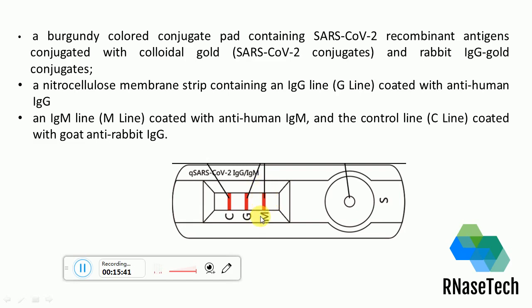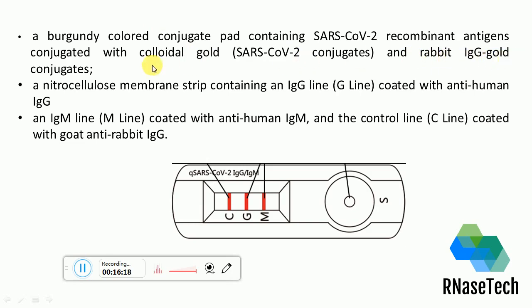Once they bind, they give a burgundy type of color. Before going into this binding process, this portion contains a nitrocellulose membrane containing an IgG line coated with anti-human IgG, and anti-human IgM, and a control line coated with goat anti-rabbit IgG. The most important point is that it contains SARS-CoV-2 recombinant antigens conjugated with colloidal gold and rabbit IgG gold conjugate.